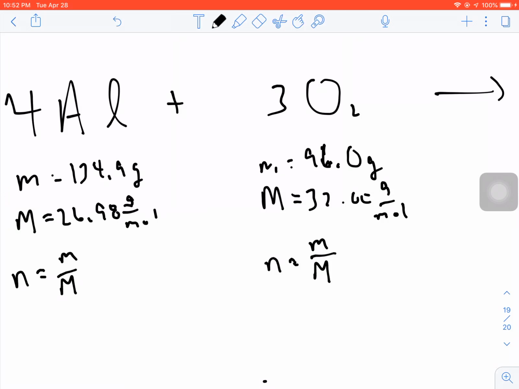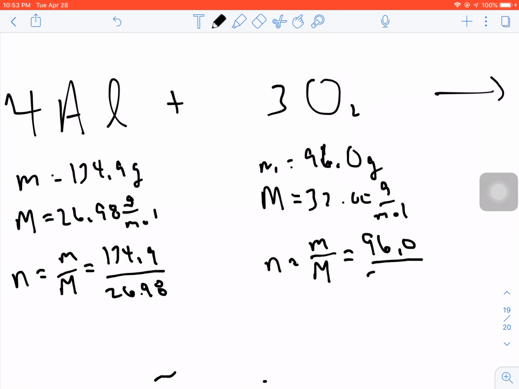Now, number of moles is mass, 134.9 divided by my molar mass, 26.98. And over here, my number of moles is equal to the mass, 96.0 grams, divided by the molar mass, 32.00 grams per mole. And on this side, I'm getting a number of moles of 4.97. And on this side, I'm getting a number of moles of 3.00 moles.